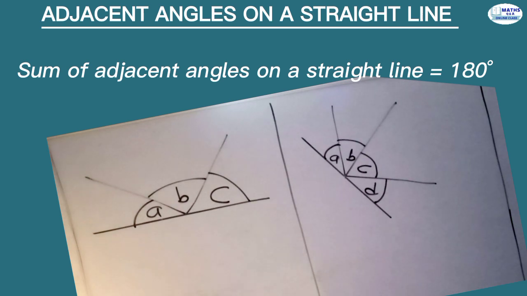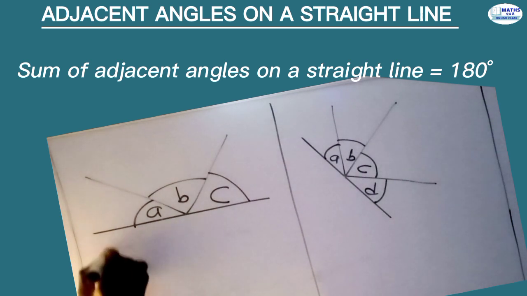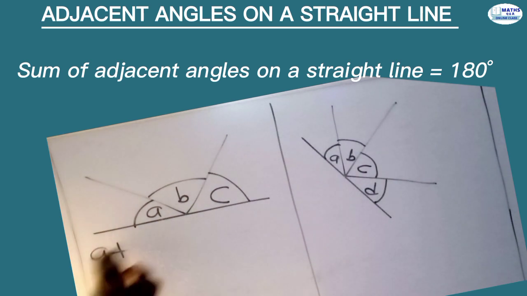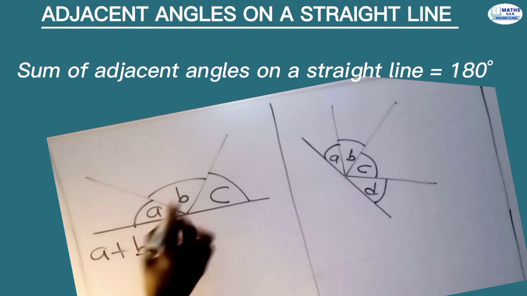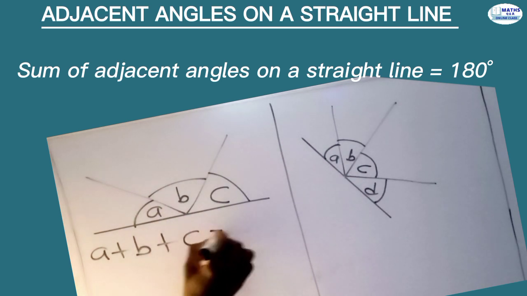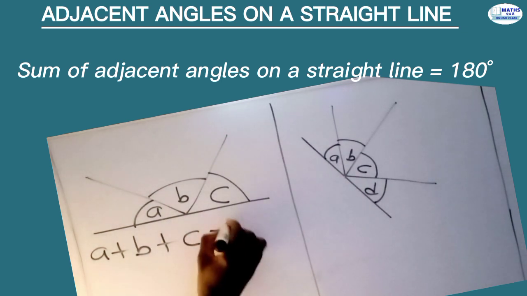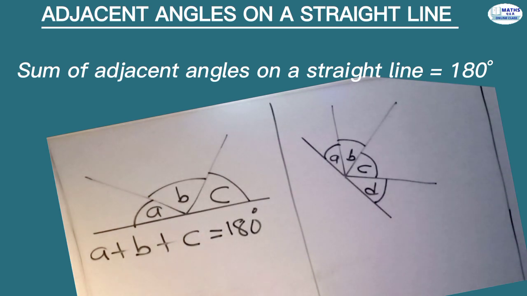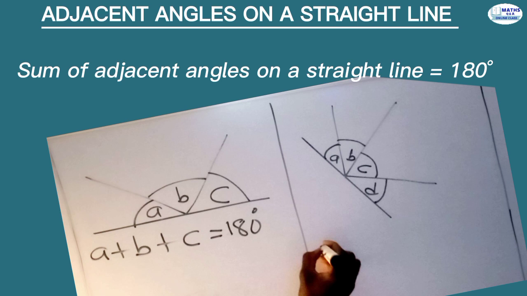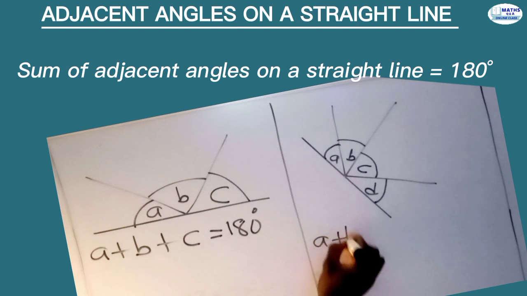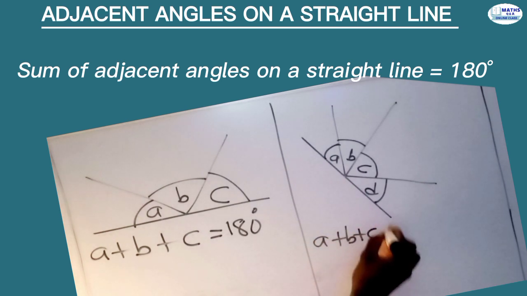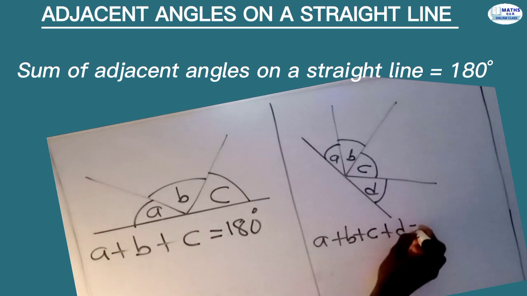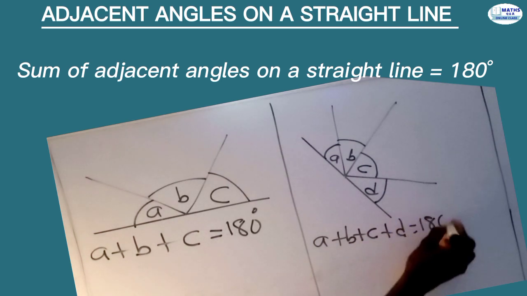So what it means is that whenever you're given angles which are formed on a straight line, you just add the angles. So we have A plus B plus C, and that one you equate to what? 180 degrees. I hope you get me. So when you come to this side too, we have angle A plus B plus C plus D equal to what? 180 degrees.